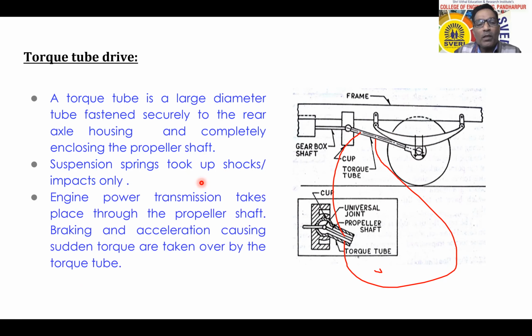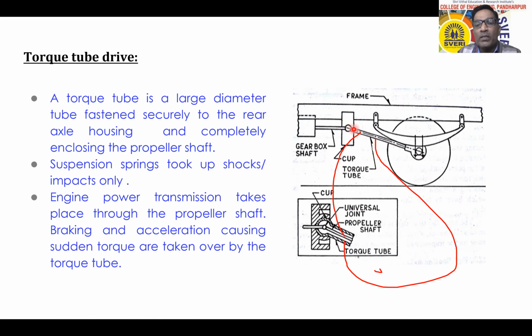So whatever engine power, that is already known to us. So engine power transmission takes place through the propeller shaft. So braking and acceleration cause sudden torques, and those torques are taken over by the torque tube.